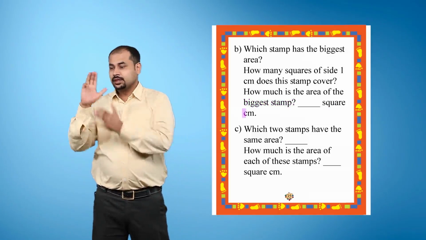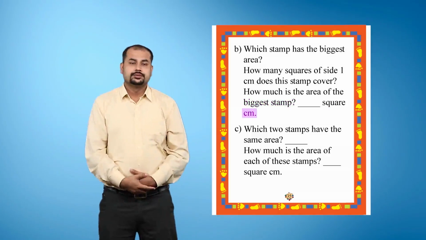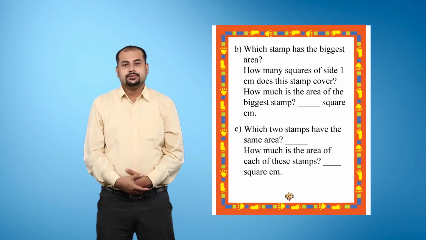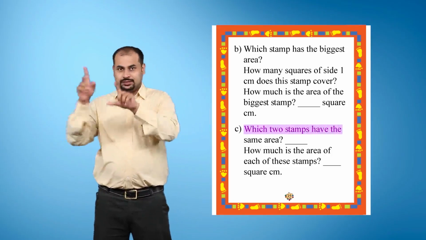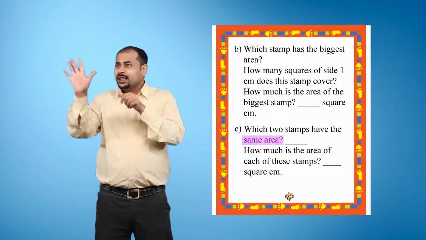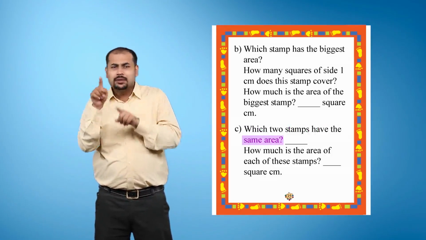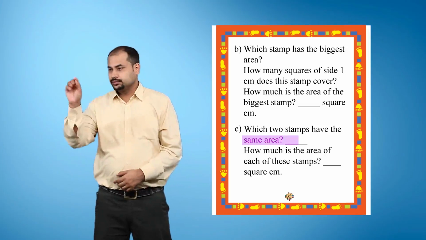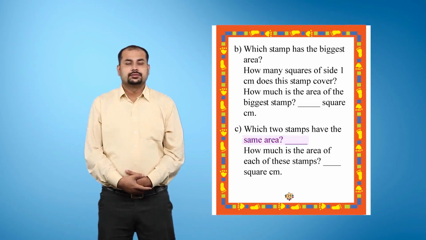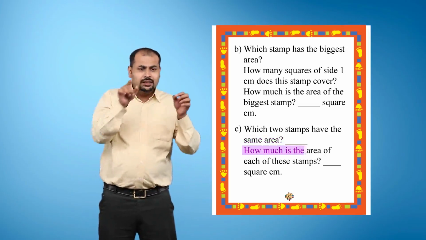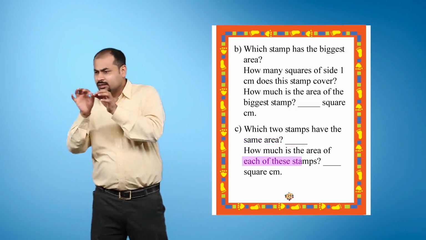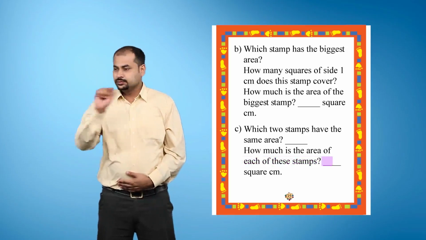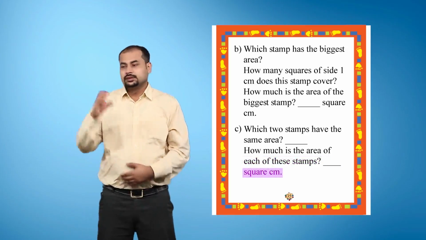Dash square centimeters. C. Which two stamps have the same area? Dash. How much is the area of each of these stamps? Dash square centimeters.